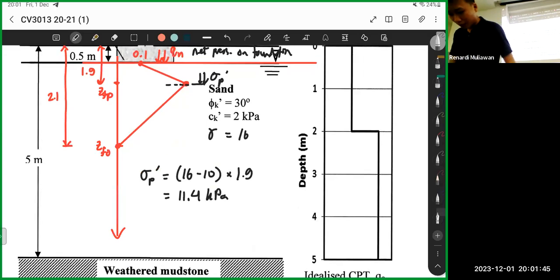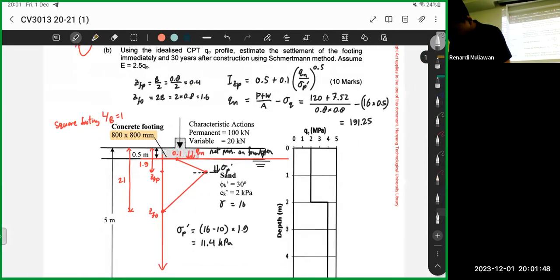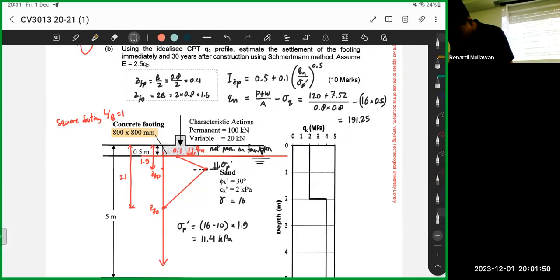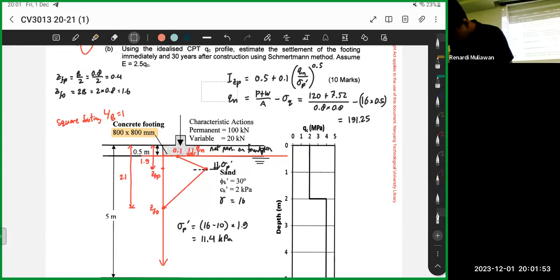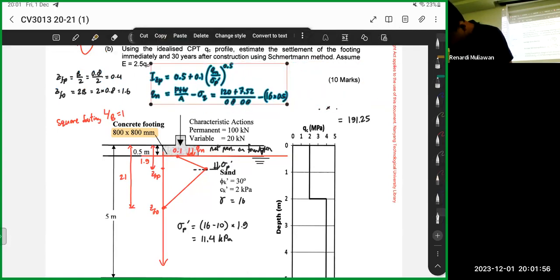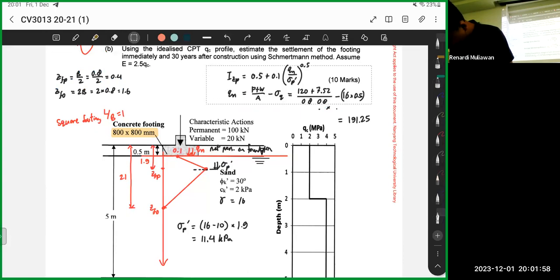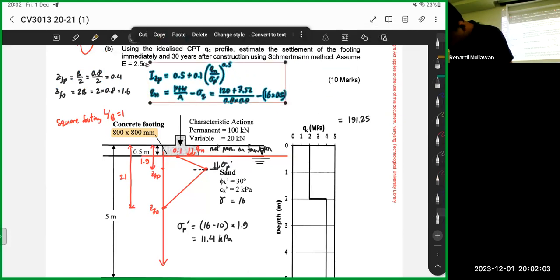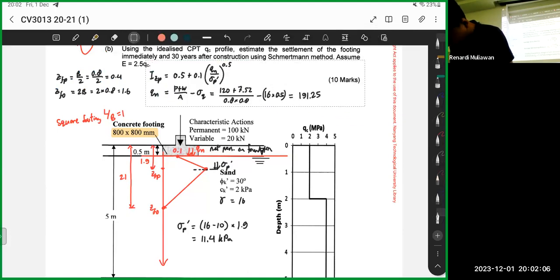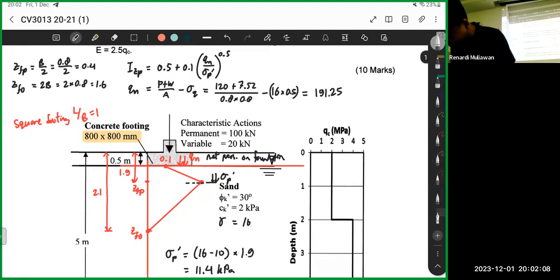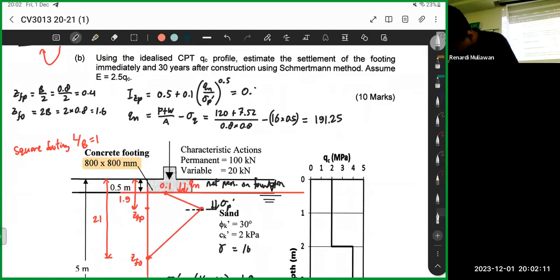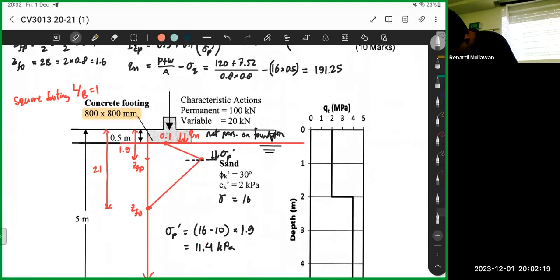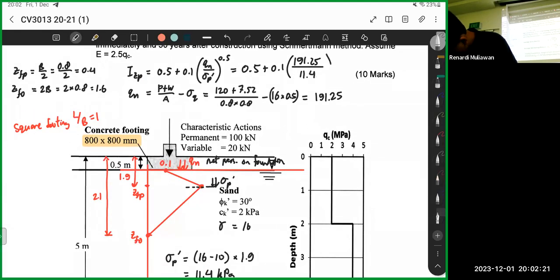Now if you plug in the formula, my working is a bit messy here, but anyway, 191.25 divided by 11.4, then square root.